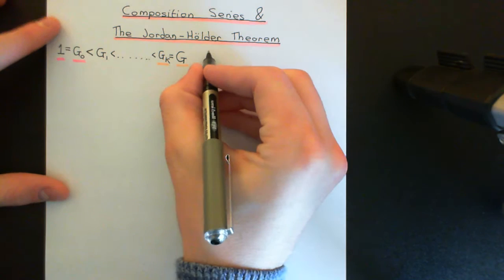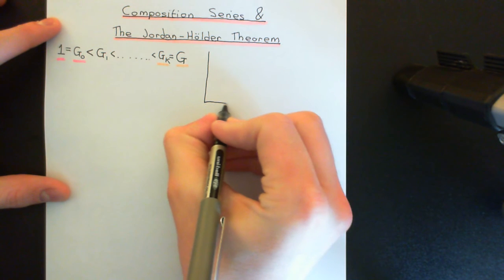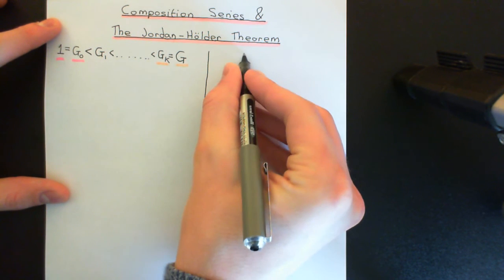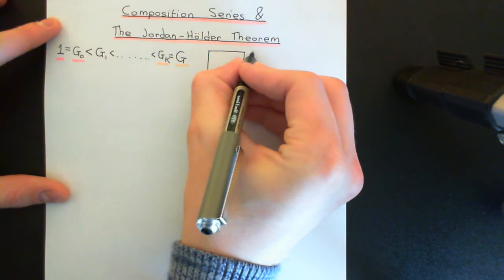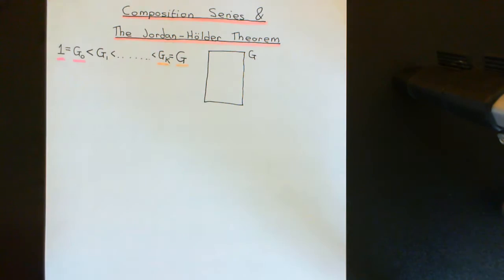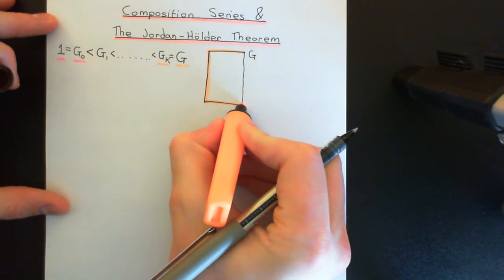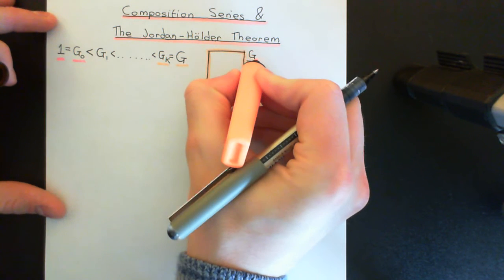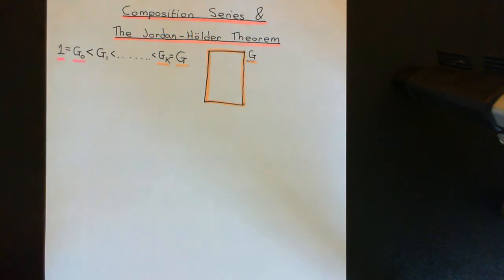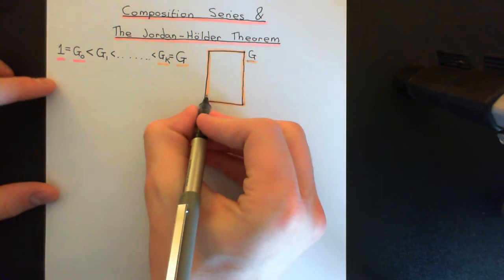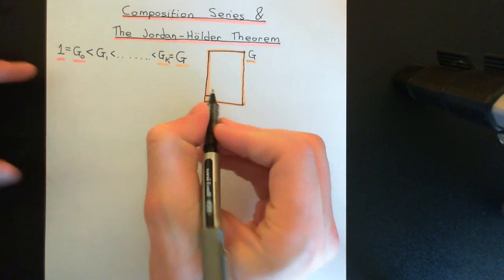Let's draw a picture for this. Let's have our entire group represented by this box here, and I'll outline the group in orange. Then we start off with the trivial subgroup, which is of course the smallest subgroup, shown by this tiny little box down here.